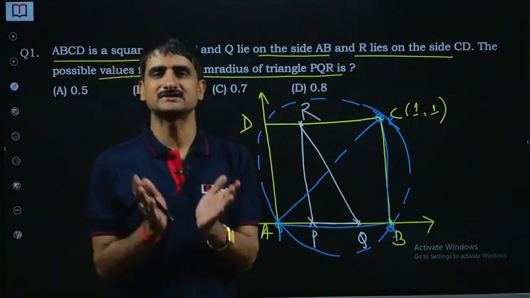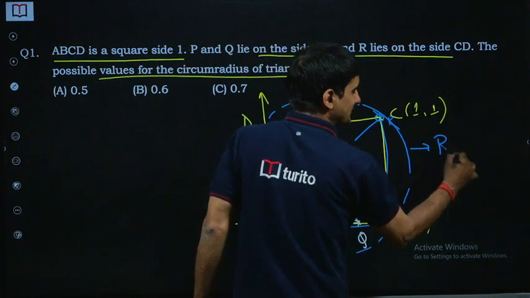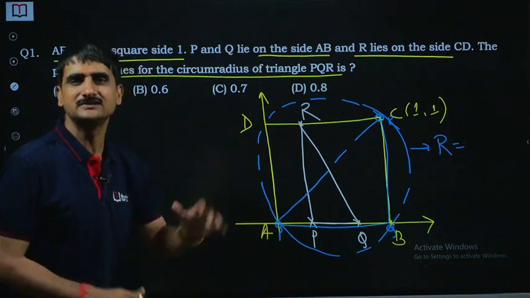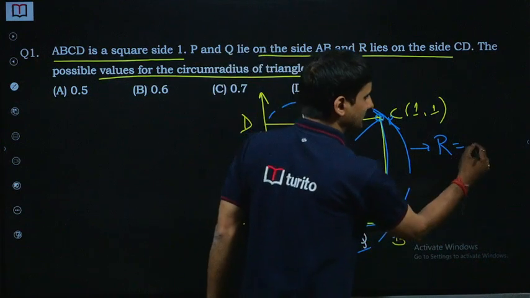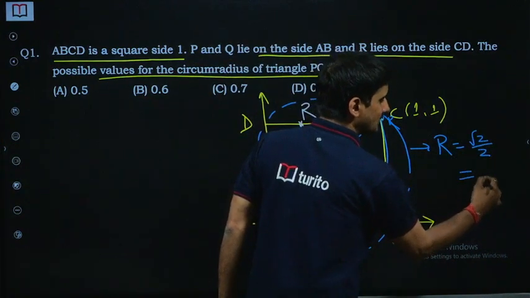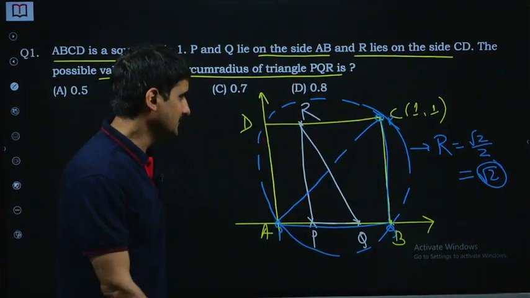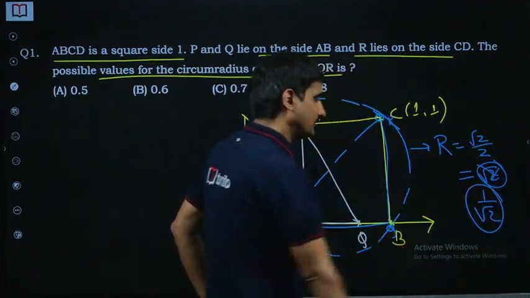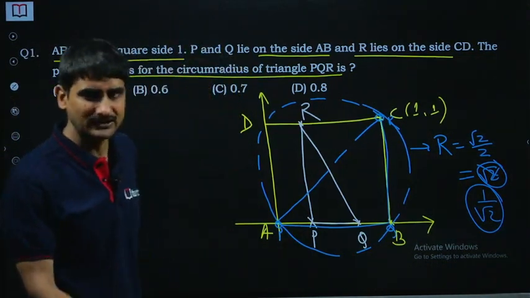So the circumcircle of the square is the largest possible circle, and its radius is root 2 by 2, no? That's the largest possible value, 1 by root 2, I'm sorry. So it's 1 by root 2, about 1 upon 1.414.